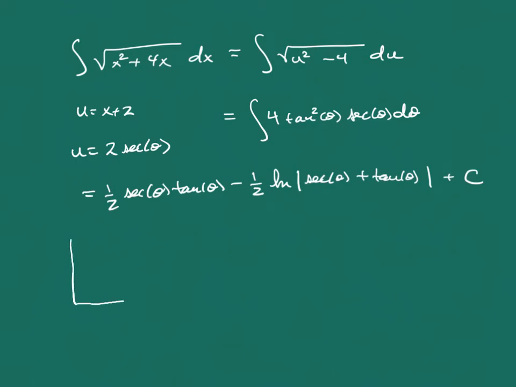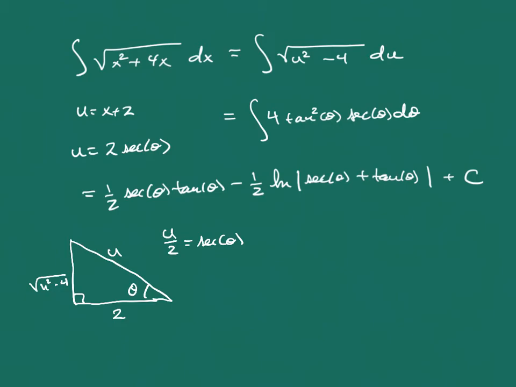and so we're still thinking of our right triangles for a trig substitution. So if we said that u over 2 was going to be secant of theta, well, secant of theta is going to give us the hypotenuse, u, over the adjacent side, 2, and so that gives us our opposite side of square root of u squared minus 4.